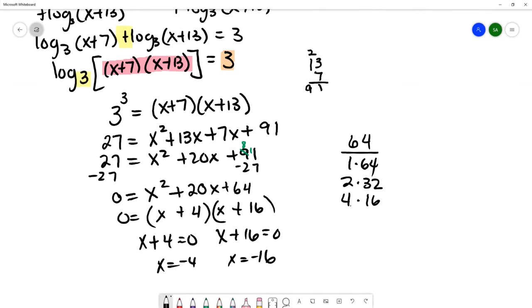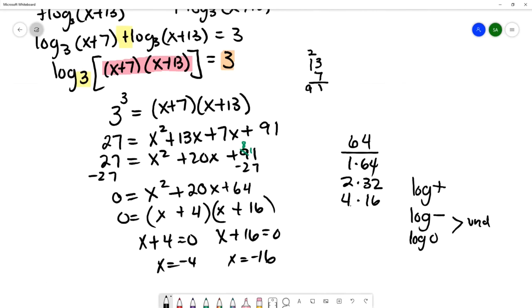Now, logarithmic expressions have restricted domains. Log of a positive is defined, but log of a negative and log of 0 are undefined. So anytime we solve a logarithmic equation, we need to check to make sure that our answer fits into the domain of the logarithmic expressions that we have.